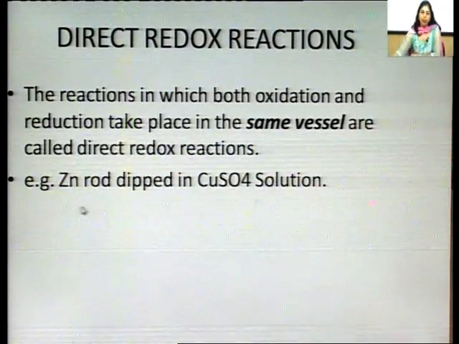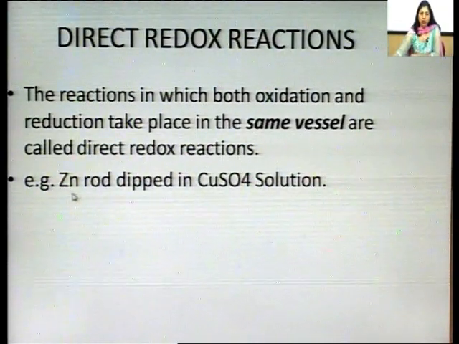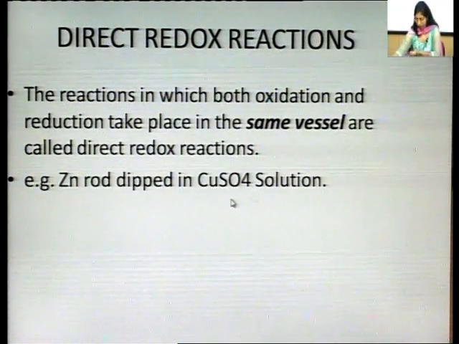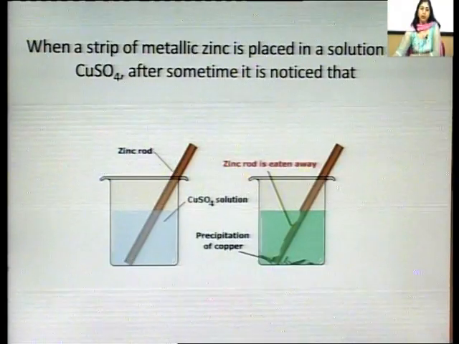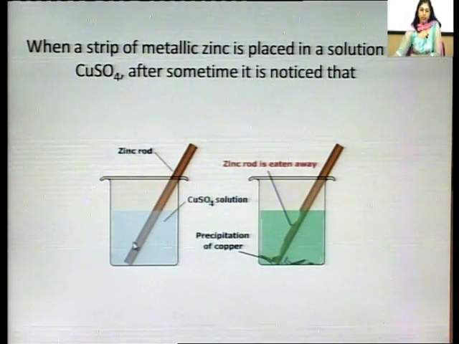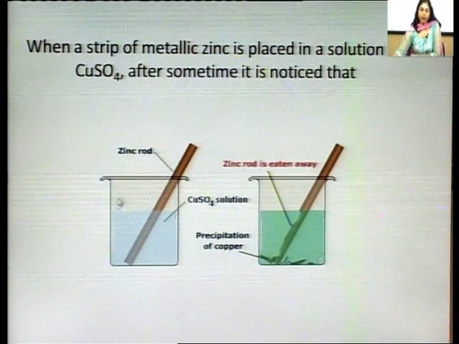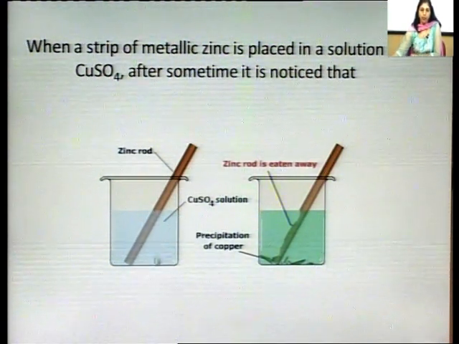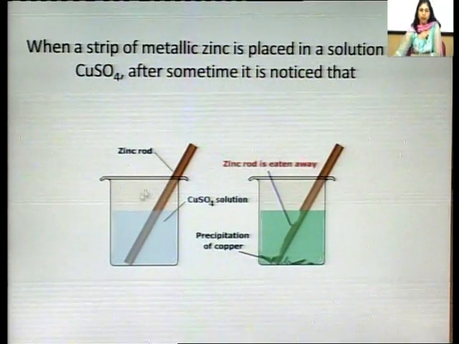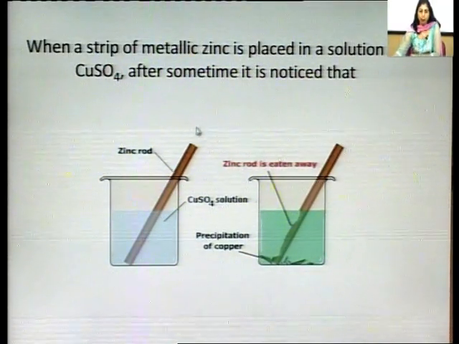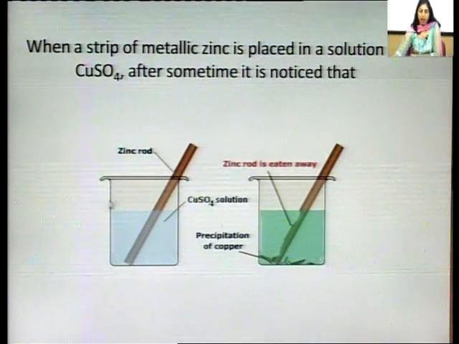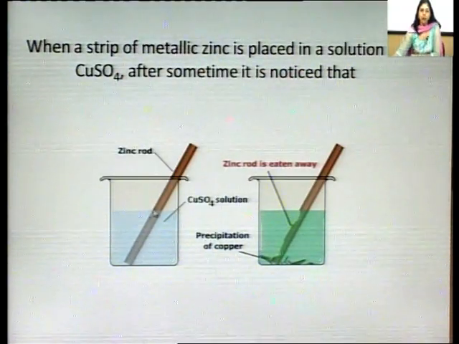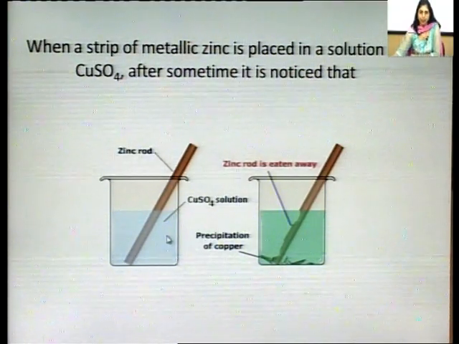An example of direct redox reaction is zinc rod dipped in copper sulfate solution. Here you can easily see this diagram. The first diagram is before the start of the experiment. Here what are you seeing? That there is a rod which is of zinc and it is placed in a beaker which contains a solution of copper sulfate.